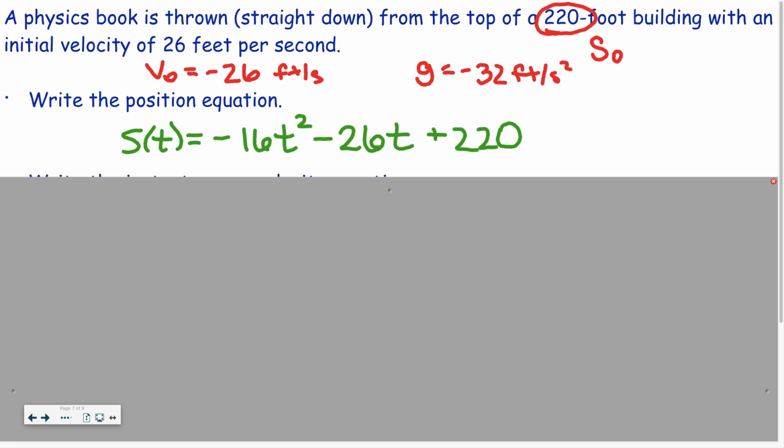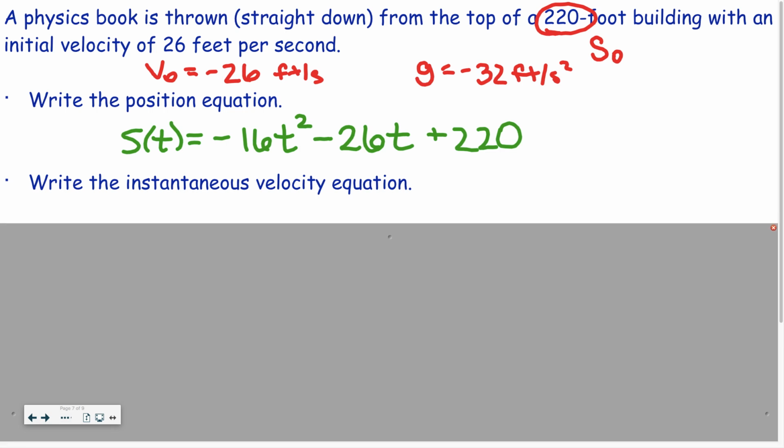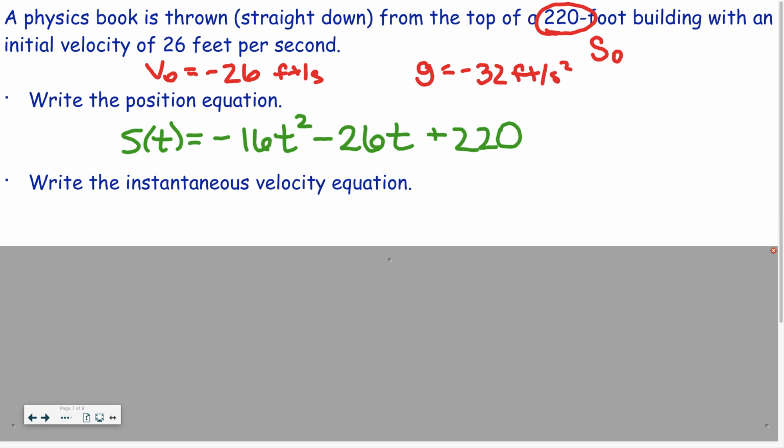Okay? Our velocity equation. If this is the position, our instantaneous velocity equation, what do we do? Okay, and our derivatives, rattle it off for us.